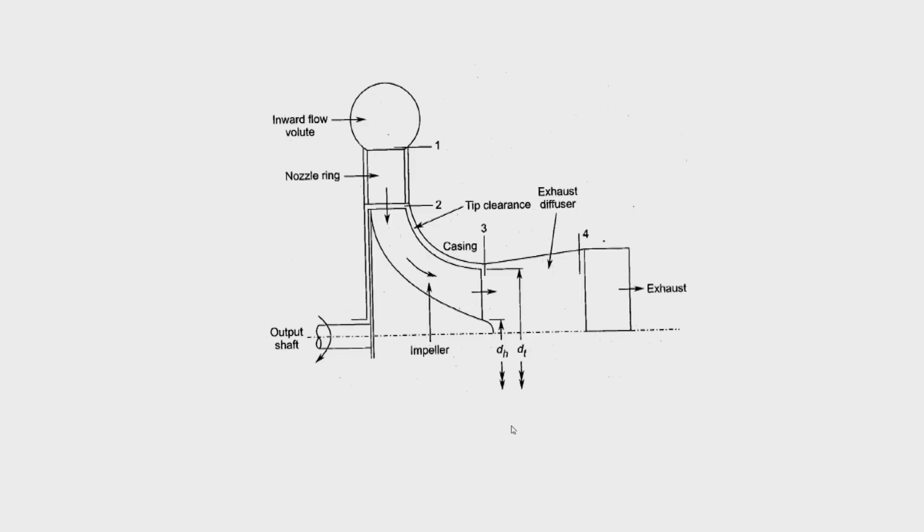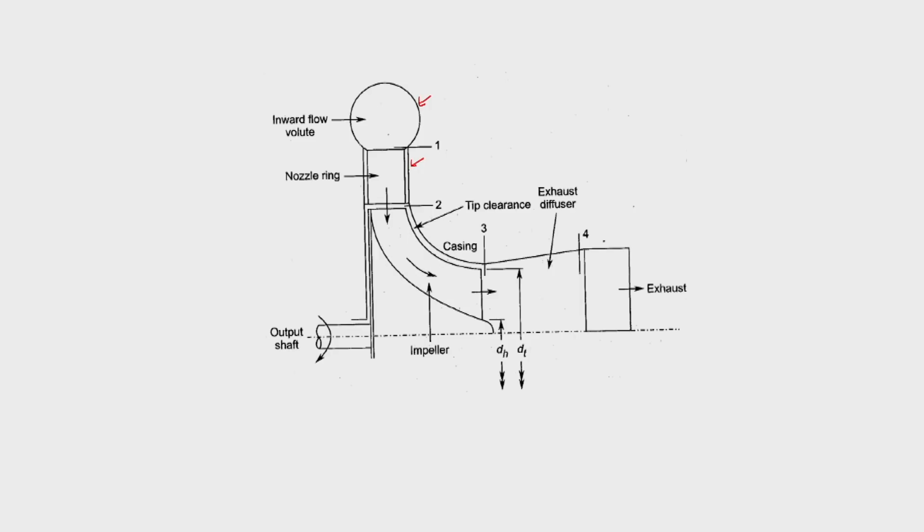In the inward radial flow turbine there will be inward flow coming through the volute, and then the flow after the volute will come through the nozzle.